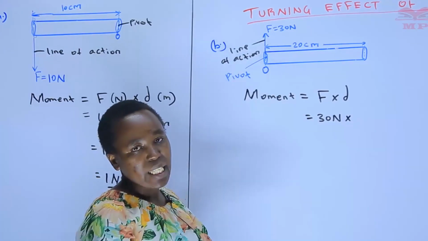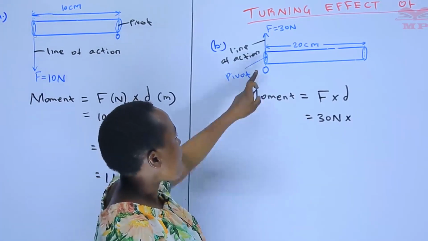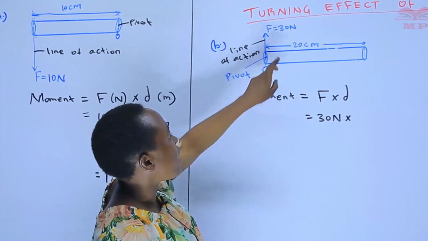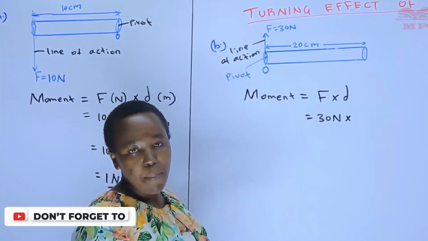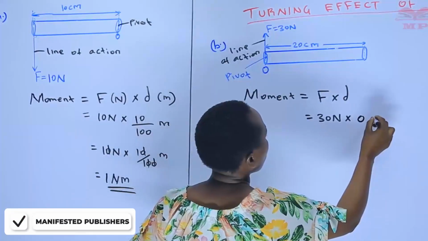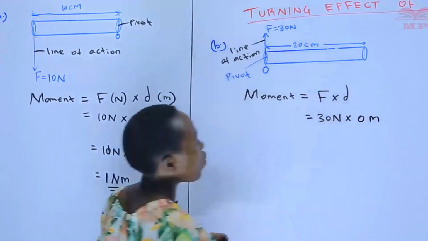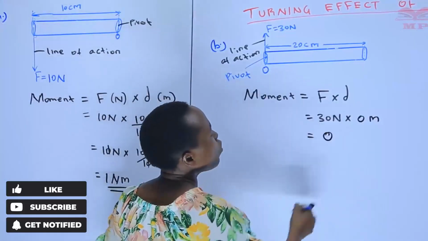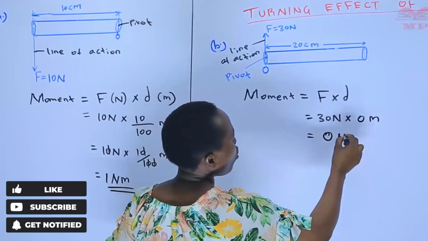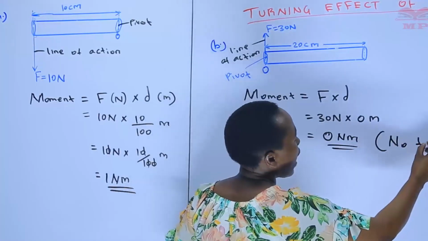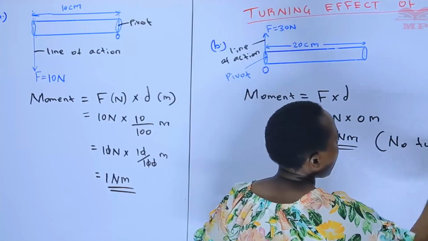The distance is 0 because the force is being applied at the point of support, and therefore the distance covered is 0 meters, and therefore our moment will be 0 Newton meters, meaning that there is no turning effect.